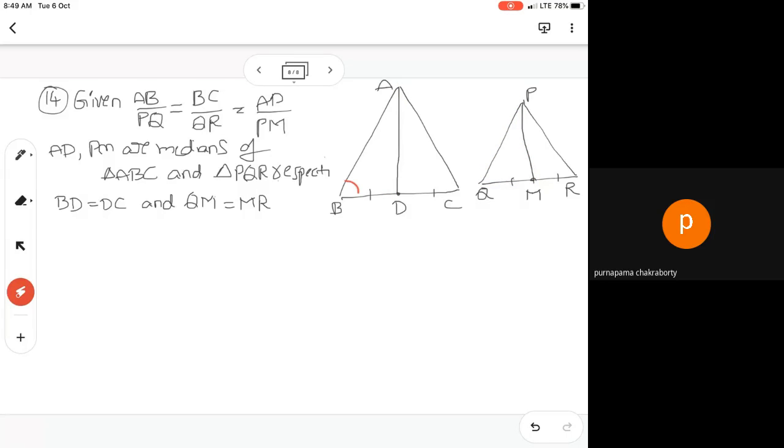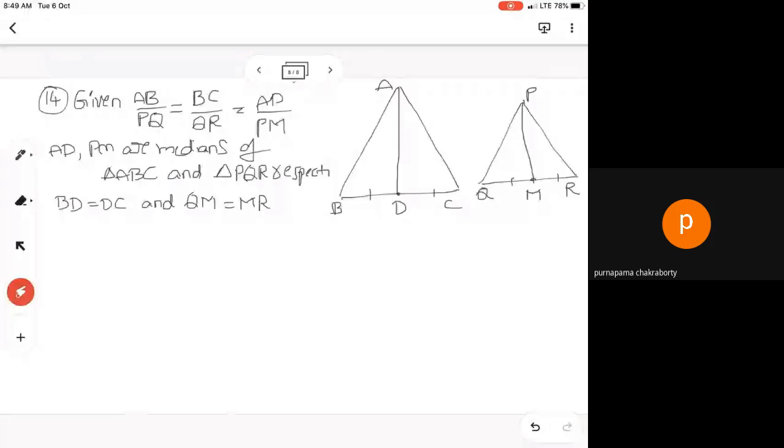From that you got this angle, this angle. Our intention in that problem was angle B equal to angle Q. Why? Already it is given that AB by PQ equals BC by QR. So if we prove the included angle equal, our work is finished. So we proved by SAS similarity in that problem.